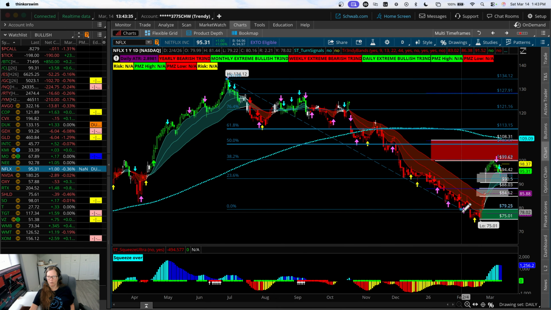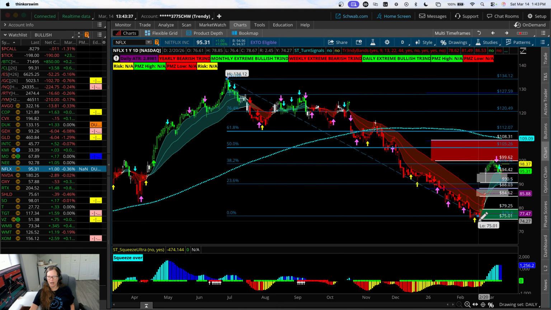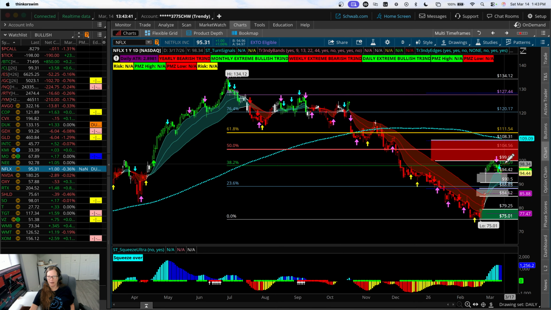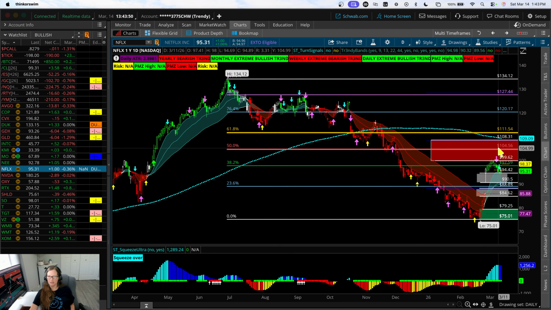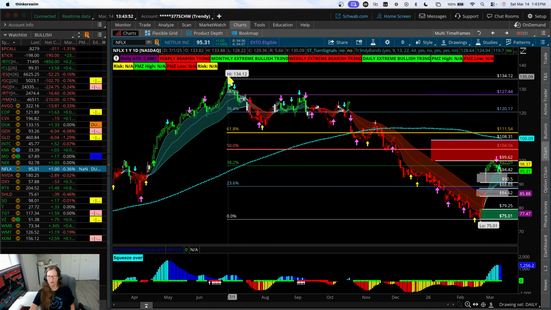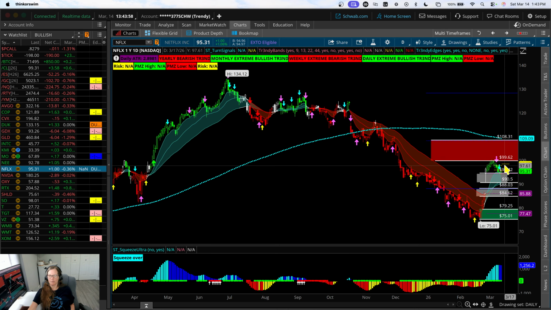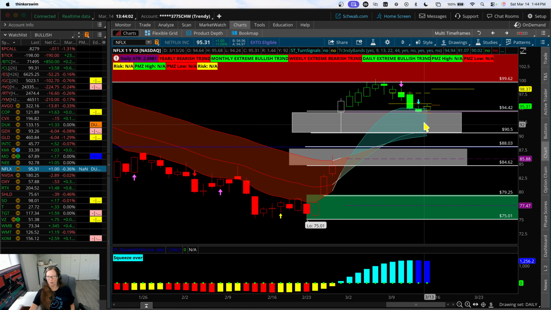When you run Fibonacci's from that high to that low, I'm playing the bounce up into 98 by 108. All right, this is the area that I'm targeting. I'm not looking for Netflix to make new all-time highs on this swing trade idea. I'm simply looking to play a bounce up to 98 to 108.